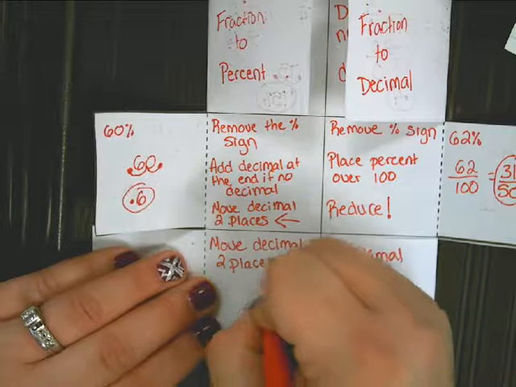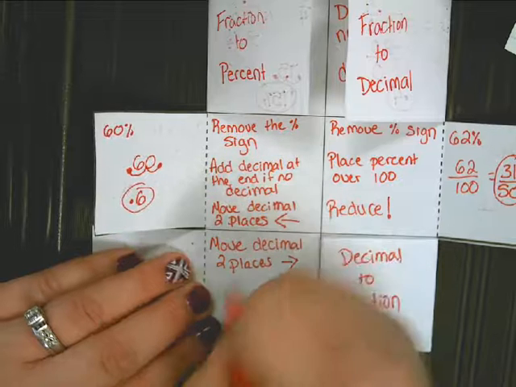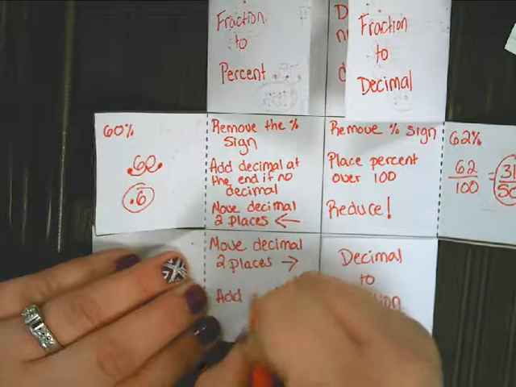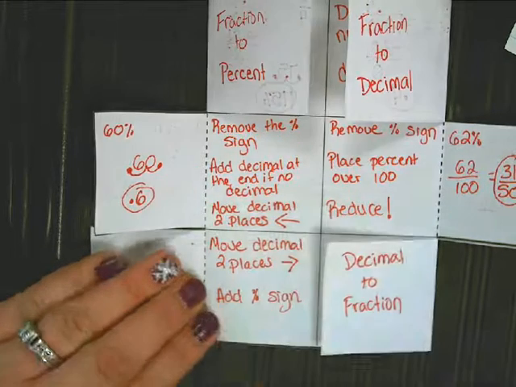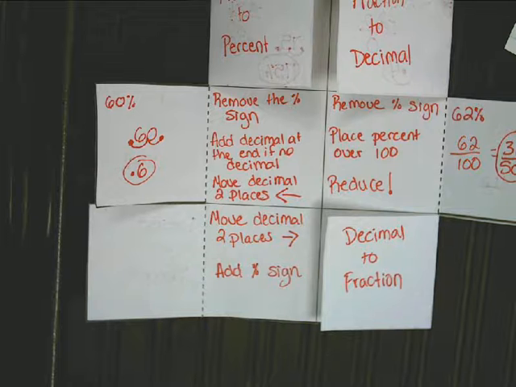Now we get to add the percent sign instead of removing it. So move 2 decimal places to the right, add the percent sign.